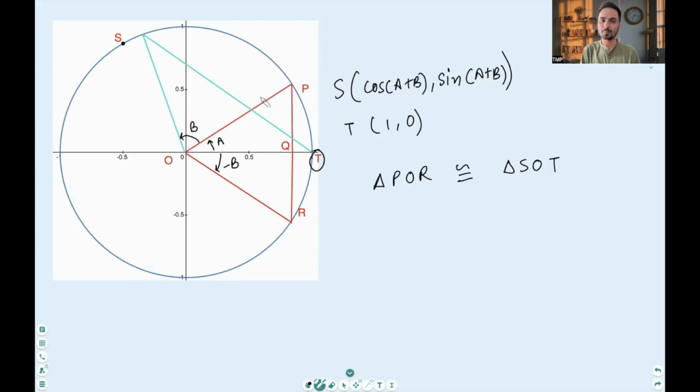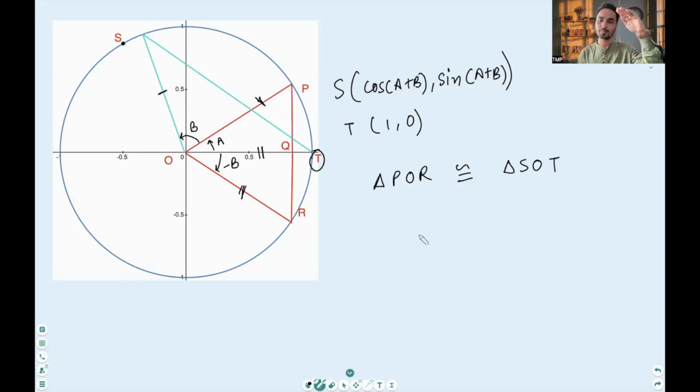The reason being PO is the same as SO, the radius of the circle. OR is the same as OT, again the radius of the circle. And angle POR is A plus B. Here I'm talking about the magnitude of angle B. We are not talking about the sign, because when you are in a triangle, you measure the angle as positive and not negative.